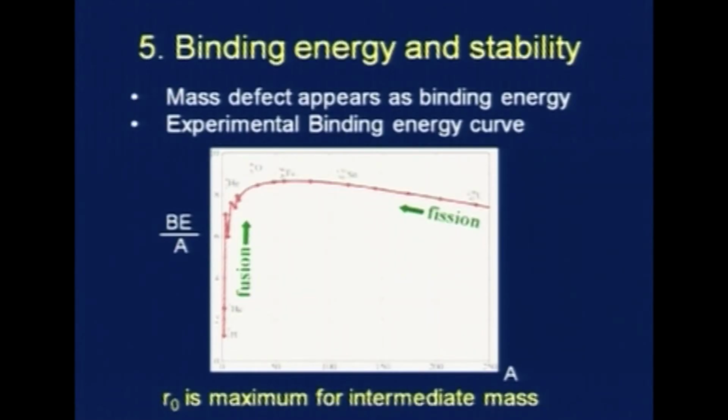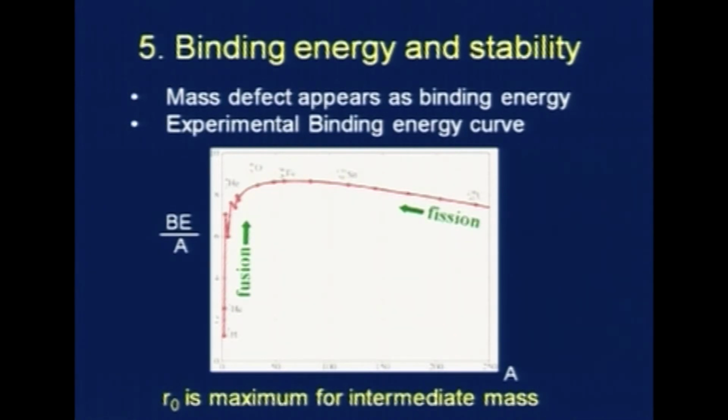They took all the elements and found the experimental binding energy using some experimental method. On the x axis we have mass number A, and on the y axis binding energy per nucleon. This is the experimentally observed curve, the red curve.